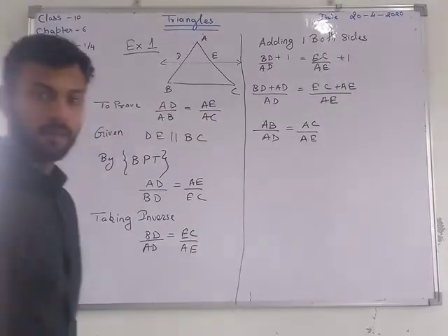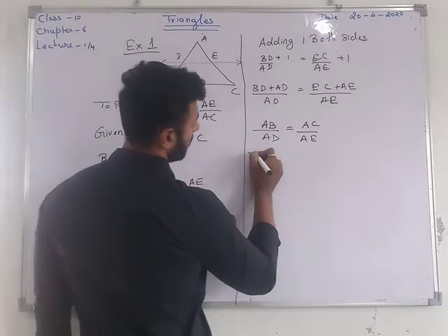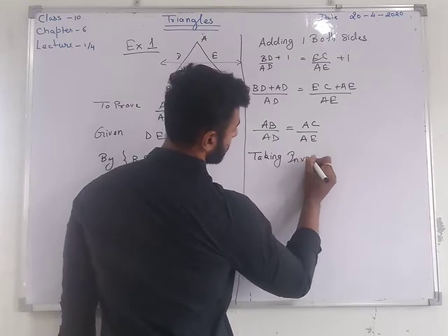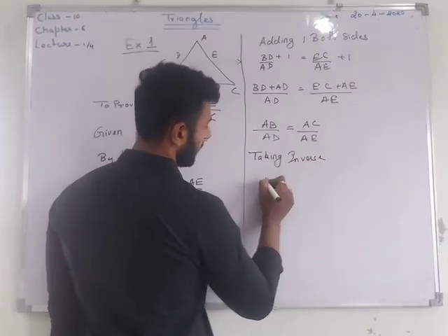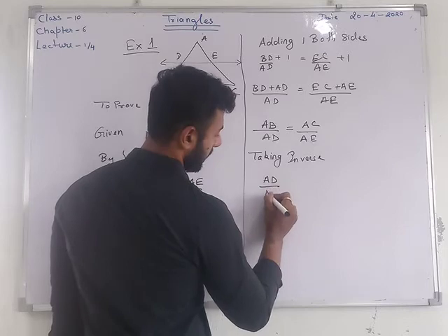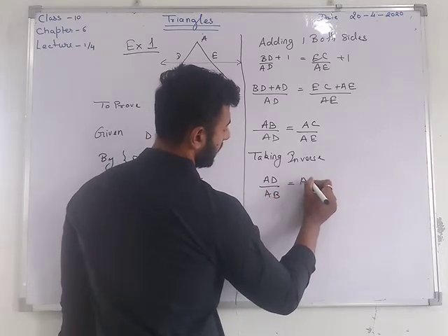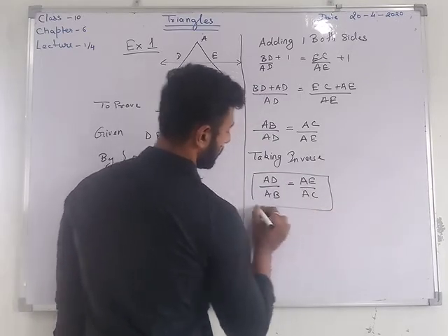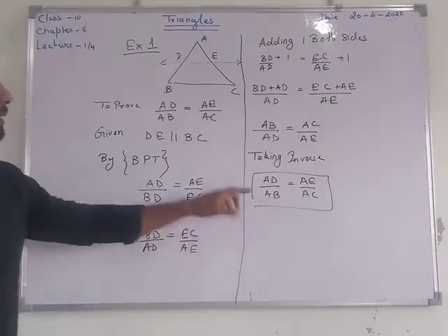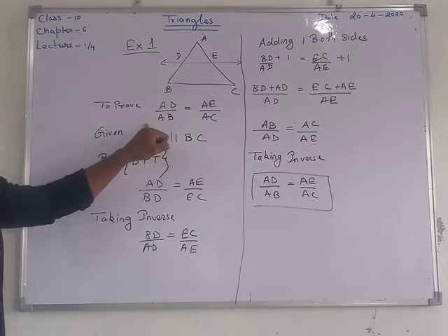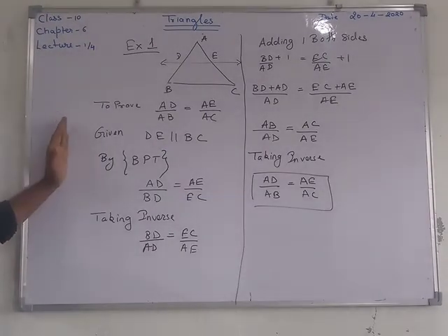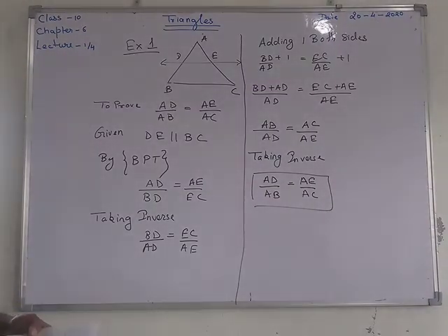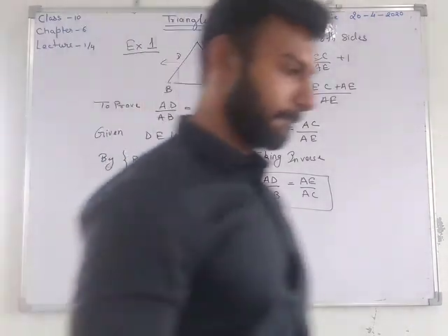Now taking the inverse once again, we will be getting AD upon AB is equal to AE upon AC. So this is the required result which we had to prove. I hope you got the method of how we have to solve this. Now let us move to the exercise and some questions based on that theorem.